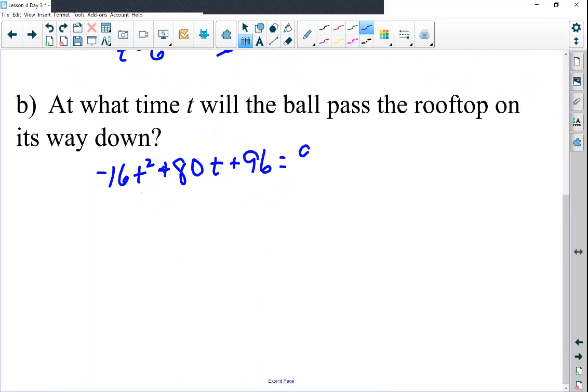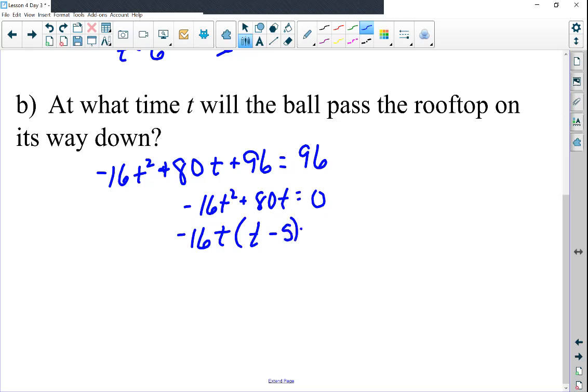And the height of the rooftop is 96 feet. And solve. So the first thing I would do is subtract 96 from both sides. Now I have a common factor of 16 and t.